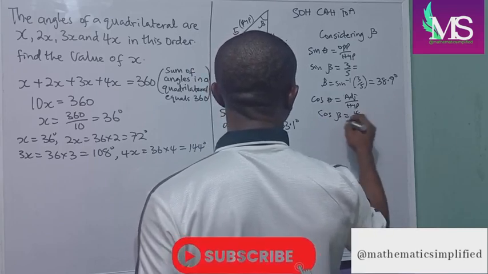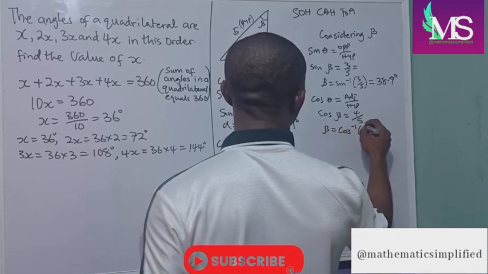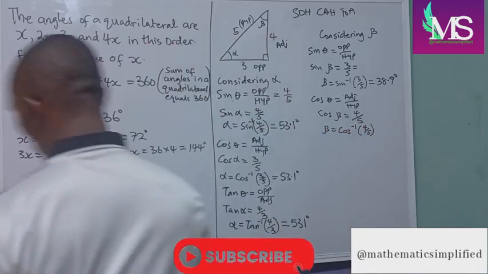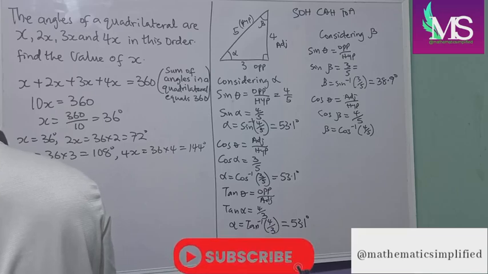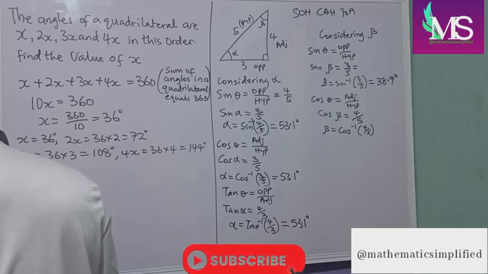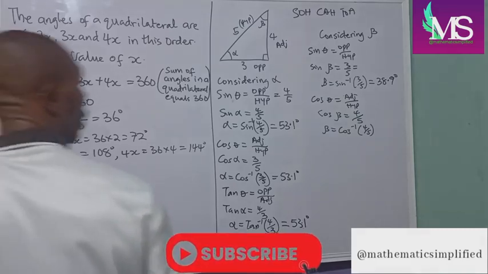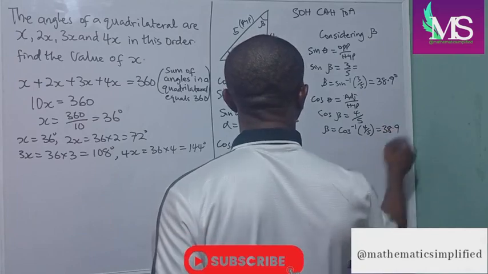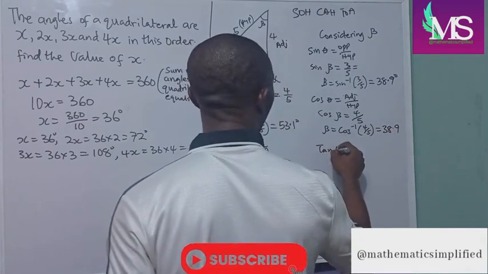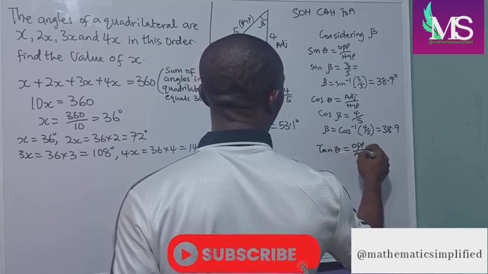Okay, now looking at cos theta equals adjacent over hypotenuse, cos beta equals adjacent is 4 and hypotenuse is 5. So beta equals cos inverse of 4 over 5, which will give us 38.9. Then tan theta equals opposite over adjacent.